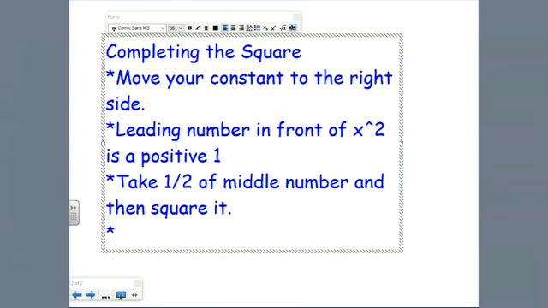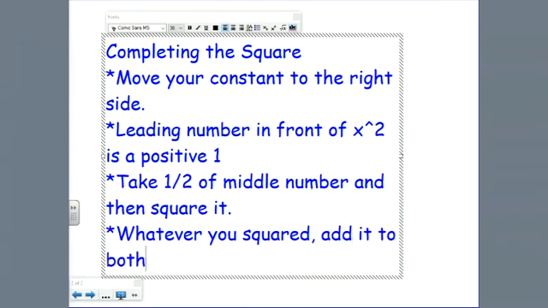And the last primary step, whatever you squared, add it to both sides of your equation.